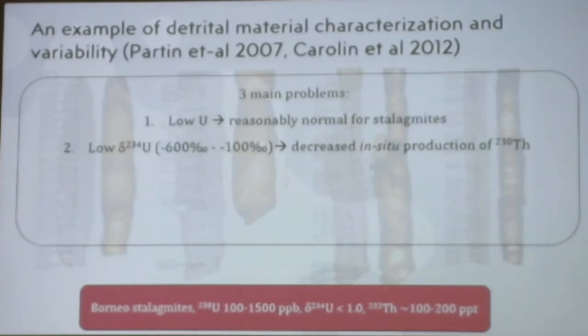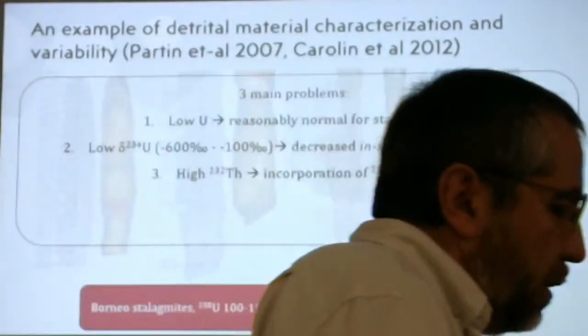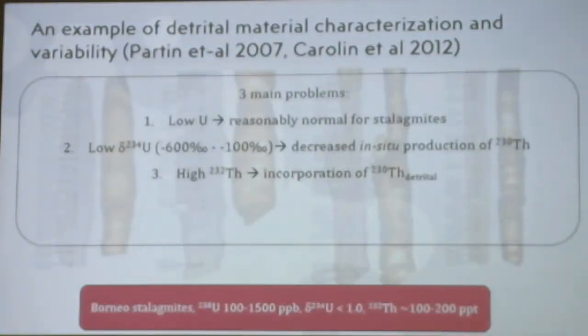But they have very low uranium-234. And because they have very low uranium-234, the production of radiogenic thorium-230 is actually depressed. It's very low, and they have high thorium-232, which basically means that there's an incorporation of detrital thorium-230. So basically, there's a significant bias on the ages if they are not corrected.